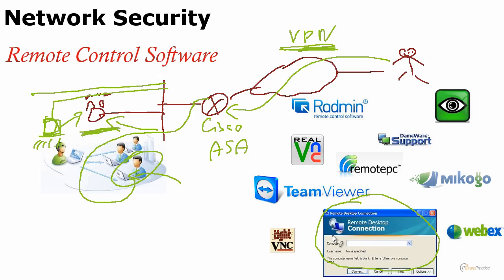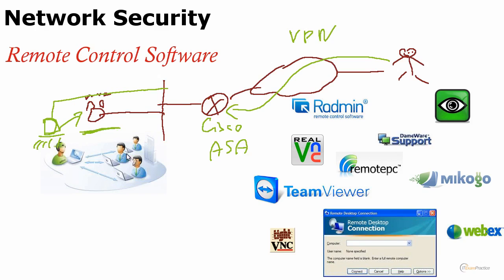When you RDP to a PC, to a server, to a laptop, this guy, let me just remove all these things. The problem is that this guy will not be able to see what you're doing. When you RDP, he will see nothing.